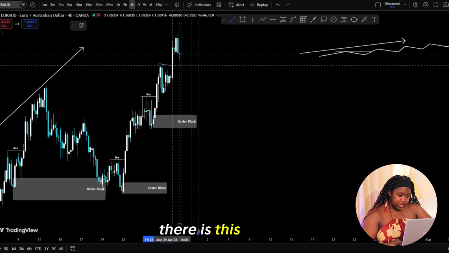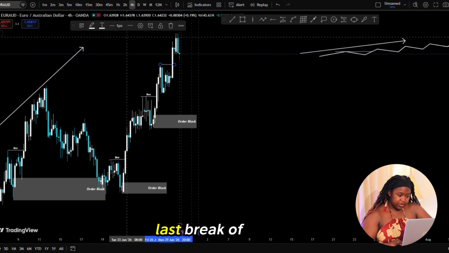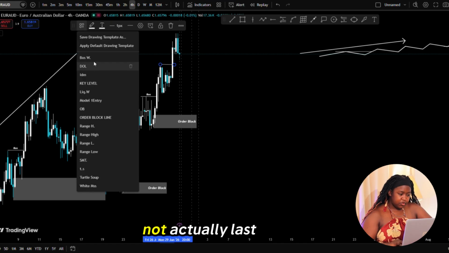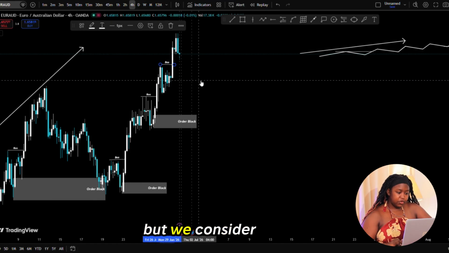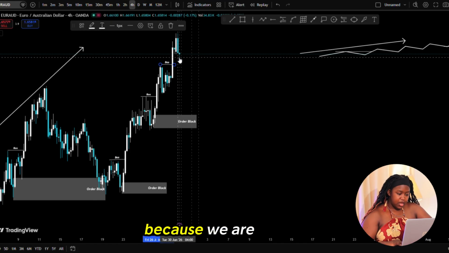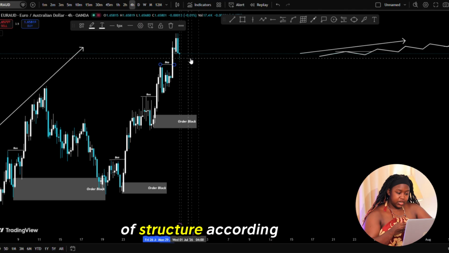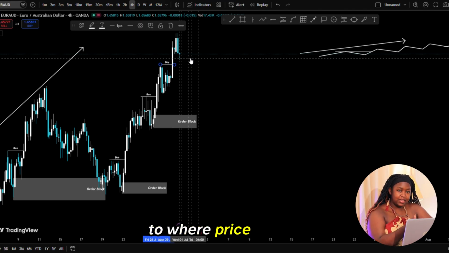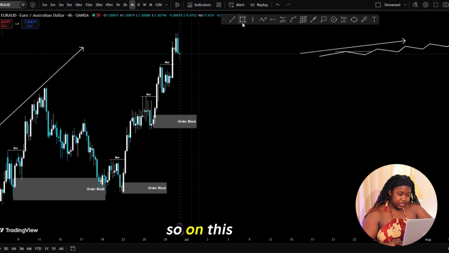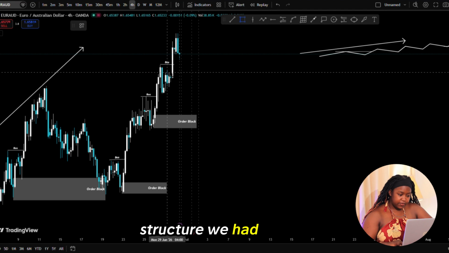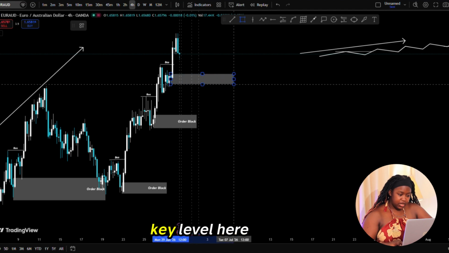There is this last break of structure here, not actually last but we consider it as the last one because we are on the current price, market is still moving. So this is our last break of structure according to where price is. On this last break of structure we have this key level here.